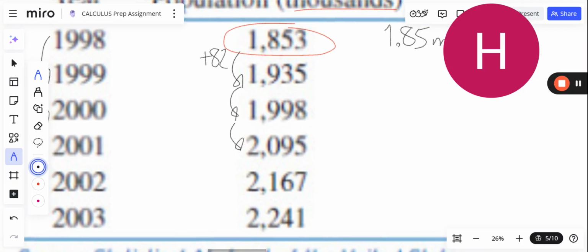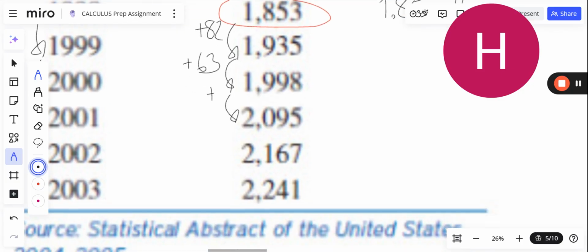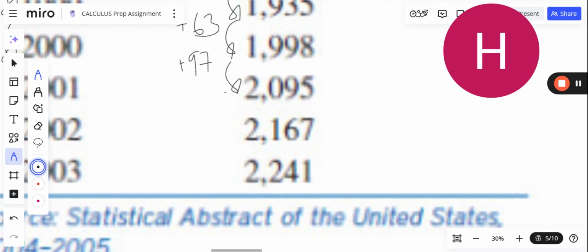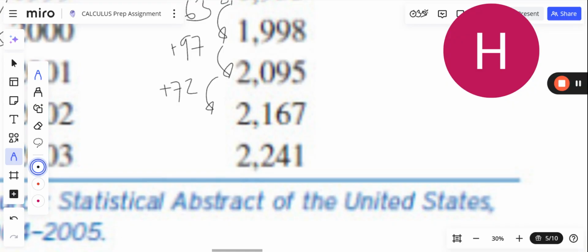And then it goes up by, not as much this time, 63,000. And then it goes up by almost 100. It's going to be 97. And then this goes up by a little bit less. This is going to be 72. Lastly, this goes up by 74.